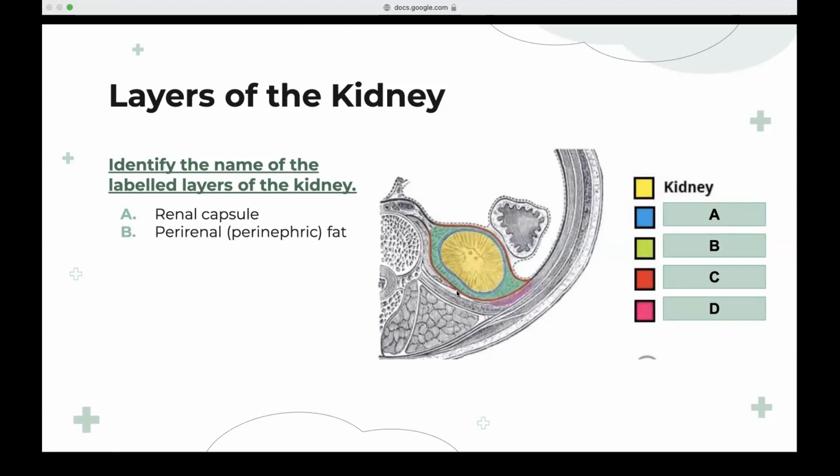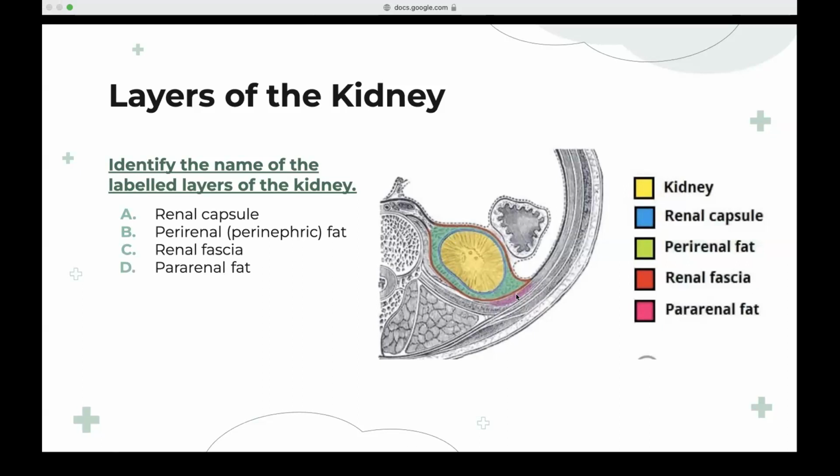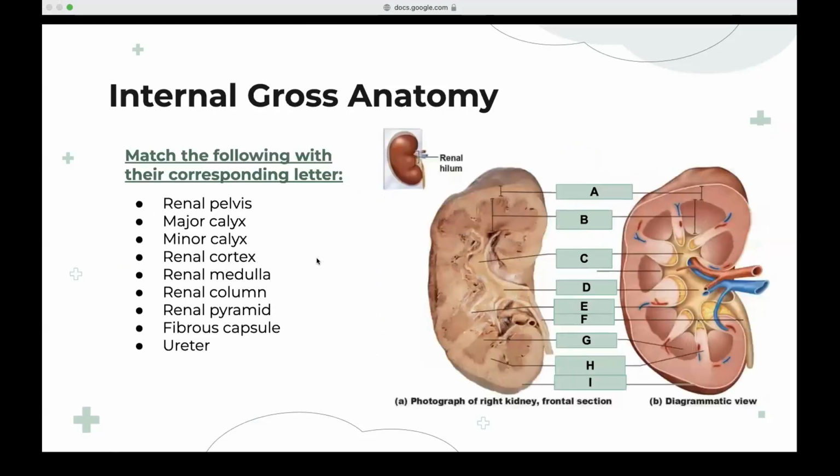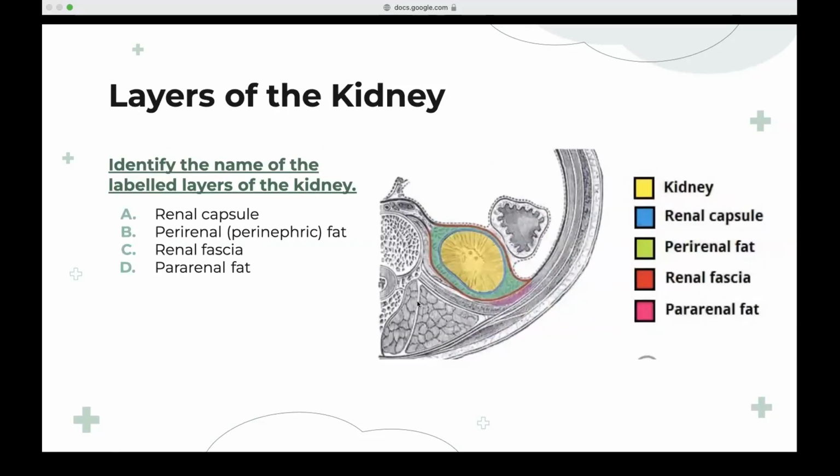Then what's the red? The renal fascia. Yep. And the pink? Pararenal fat, I guess. Yes, exactly. Good job. Now, I think it has clinical significance too. Yeah, it does.